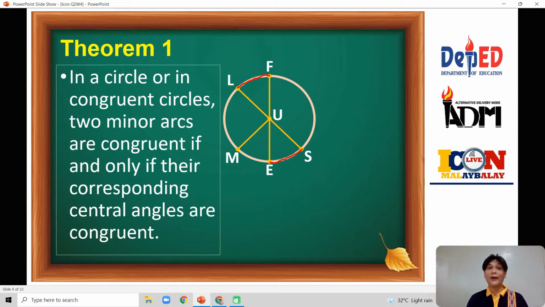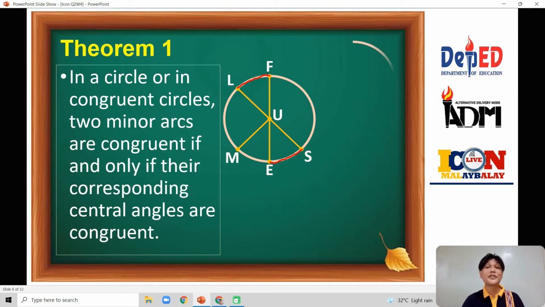Now we can say that the measure of arc LF is equal to the measure of arc ES if angle LUF is congruent to angle SUE. And if they are congruent, we can also say that arc LF is congruent to arc ES. Okay?